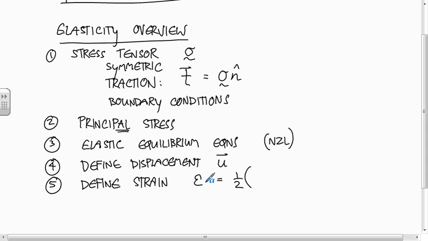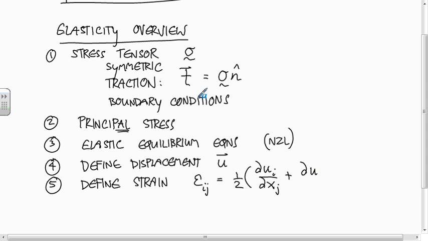Well, it turns out that for the ijth element of the strain matrix, the strain element is equal to the partial of ui with respect to the jth independent variable. You don't have to analyze this too much yet.